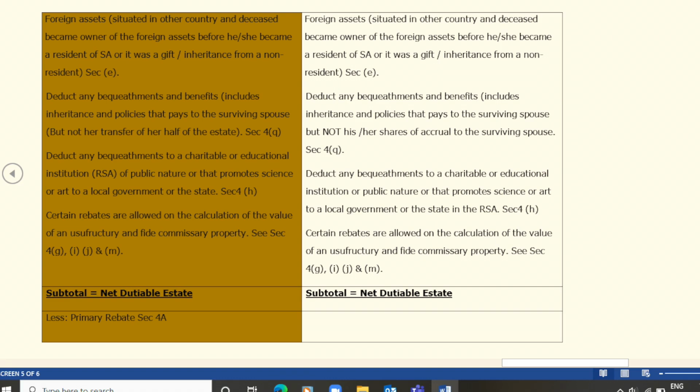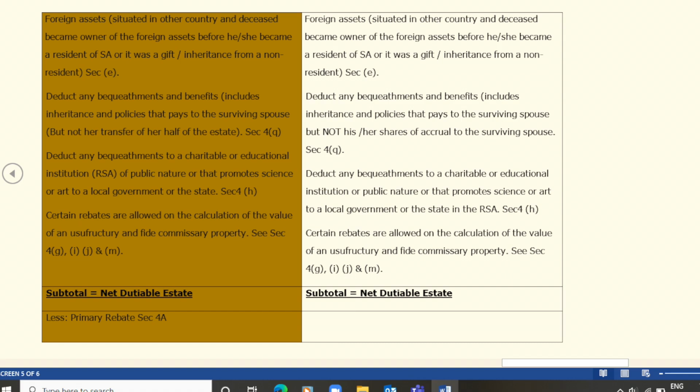The same thing you will do in column B. You will see that some questions will tell you that in his will he said this much must be donated to this institution. And then you must note that certain rebates will be allowed on the calculation of the value of a usufructuary or fideicommissary property. The same rule will apply in column B.